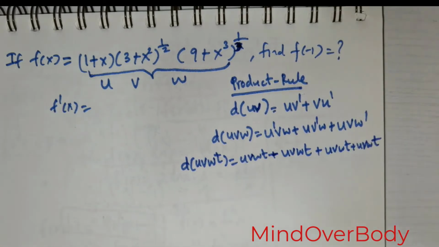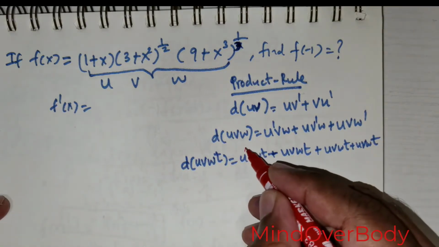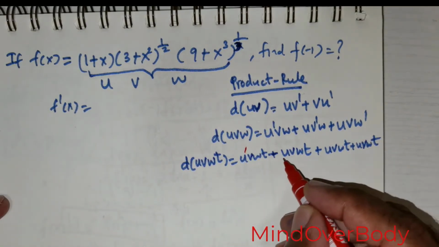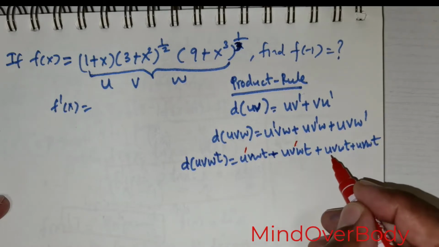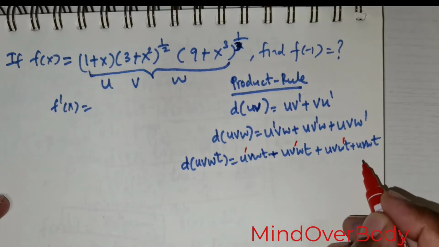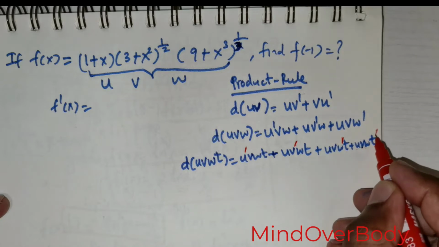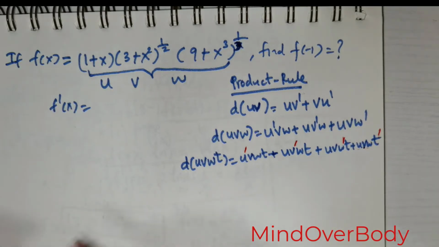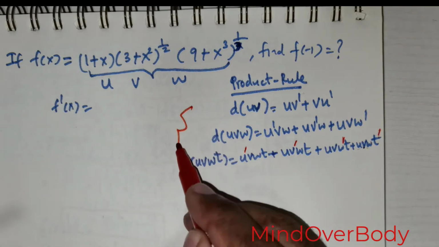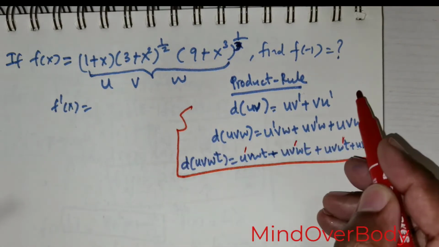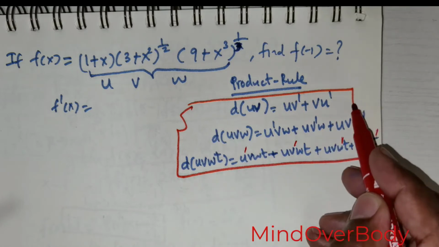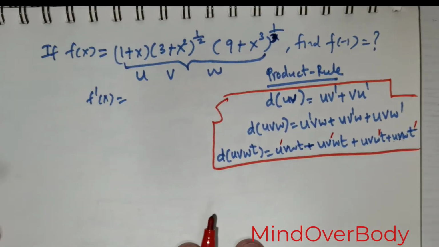And when it comes to differentiation, the differentiation operates like this. So we start off with u dash v w t and then u v dash w t and then u v w dash t and then u v w t dash. So all of these three formulae are important. So have it in mind and write them down and practice.